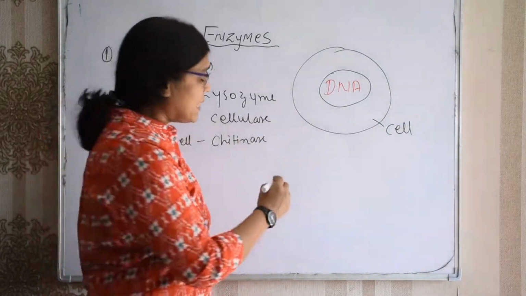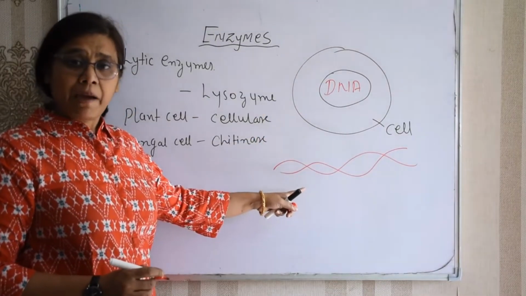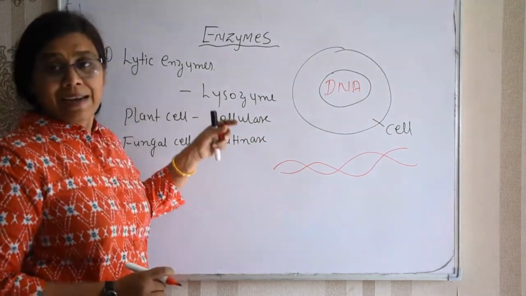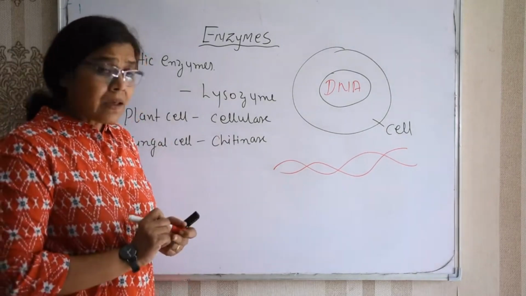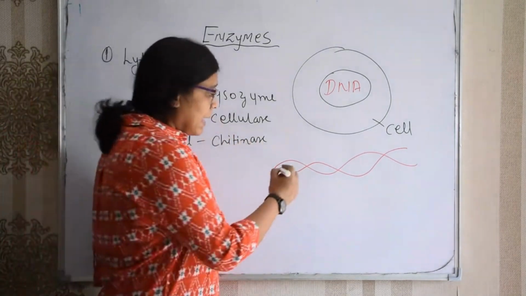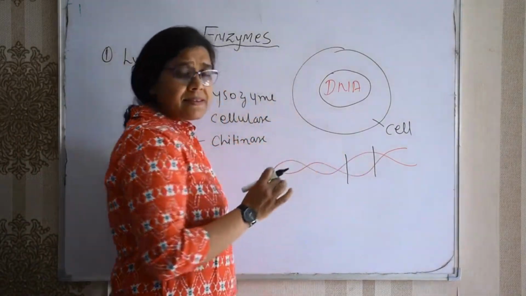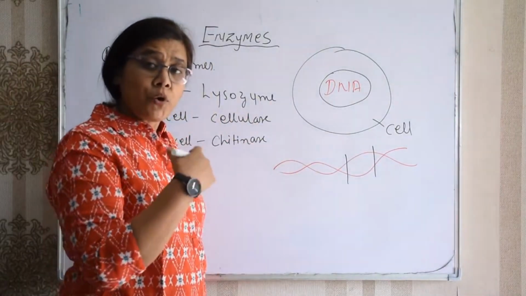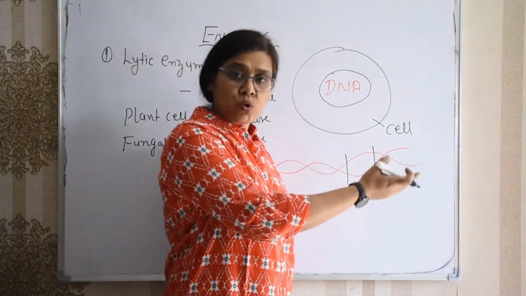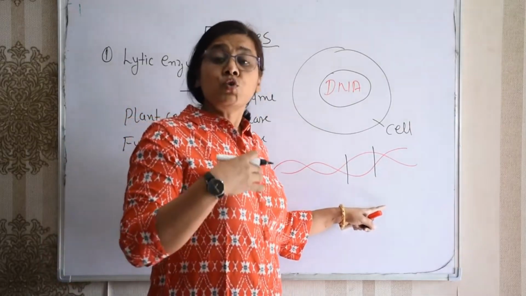Suppose the obtained DNA is this. This is the DNA which we have obtained by using lytic enzyme. And this DNA, particularly at this part, contains certain genes which we want to introduce into the host cell to obtain products which are useful to us.